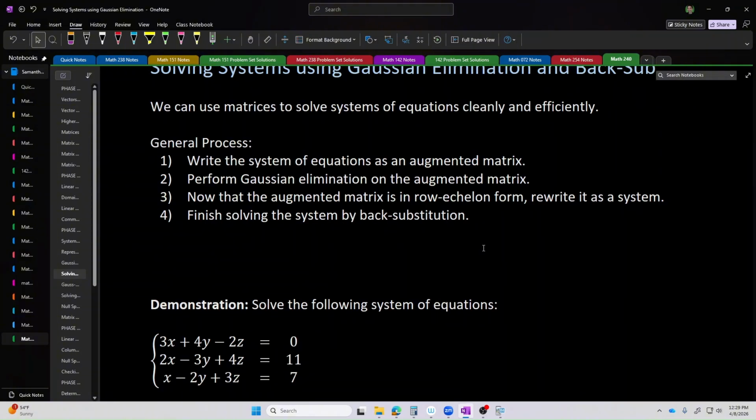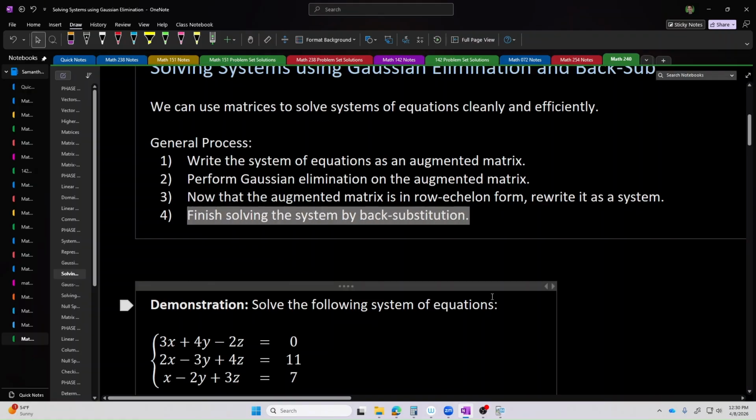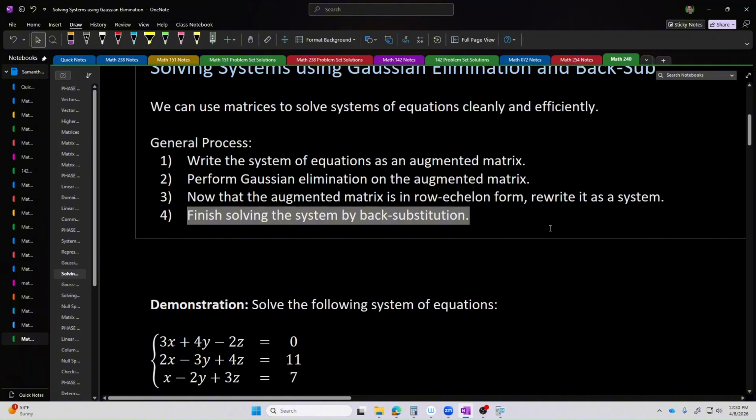Now, what we're going to talk about today and tomorrow is a way to continue to use linear algebra, a way to continue to use matrix techniques to do this final step in matrix form as well. So rather than having to translate the augmented matrix back into a system to do the back substitution, we will do the back substitution while the problem is still represented in augmented matrix form.